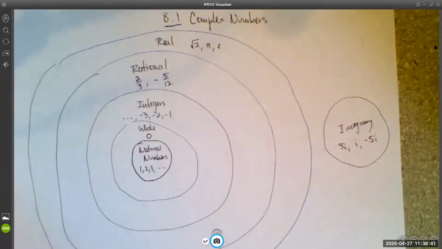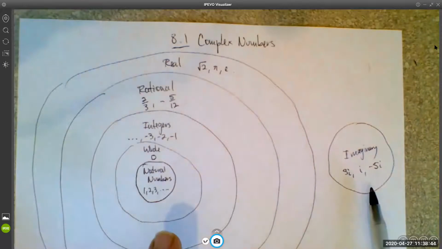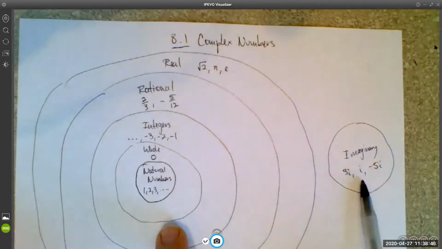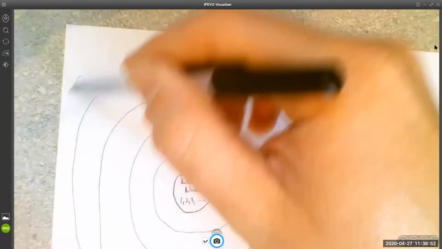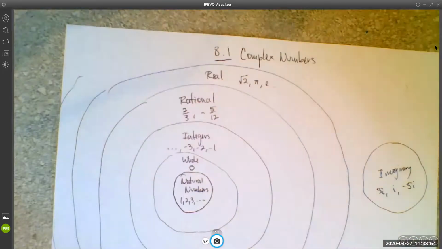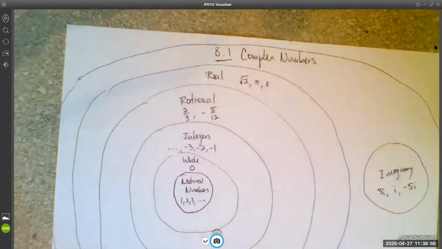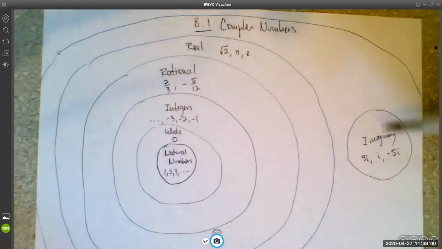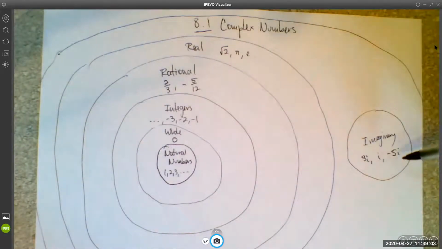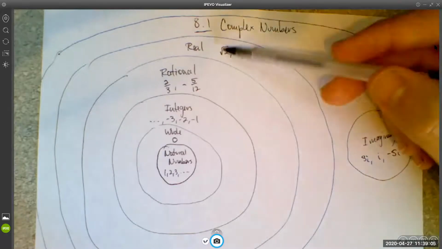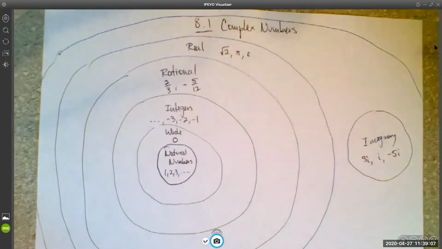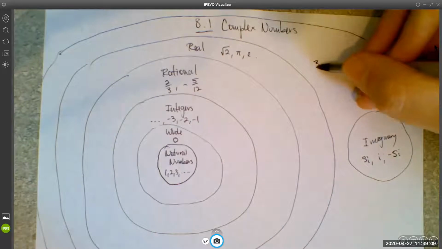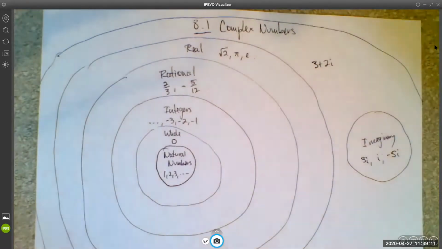The complex numbers are the real numbers plus the imaginary numbers plus any linear combinations of real and imaginary numbers. So the complex numbers encompass all of this. In addition to including purely imaginary numbers or purely real numbers, they also include a mix of numbers, like 3 plus 2i would be a complex number.